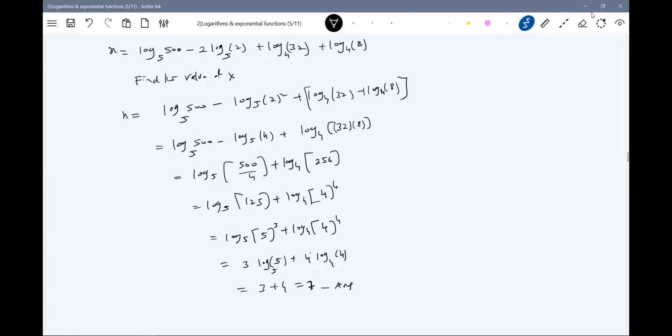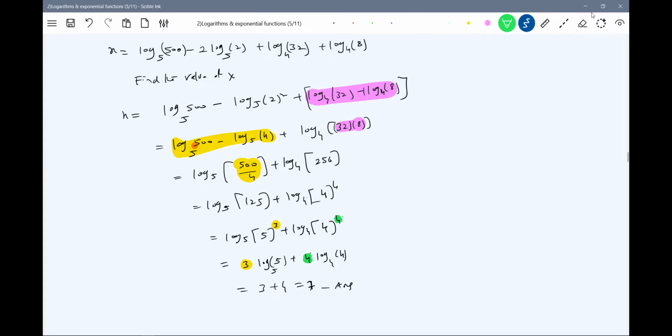Change of base is something very important. It will help us to simplify the quantities very easily. Here, log A plus log B we have written as log AB. Log A minus log B we converted into log of A by B. And this 3 which was here became the power.